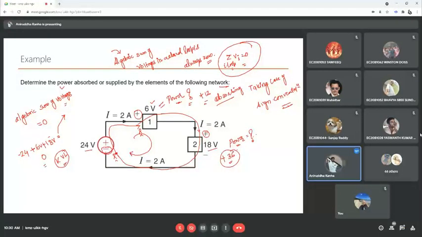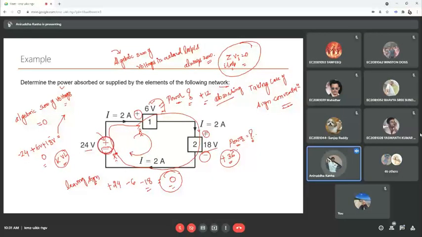Let us say if I take the leaving sign, then plus 24 will come. Next, here it is minus, so minus 6 will come. And then you have negative, so negative 18 will come. So this also leads to 0.